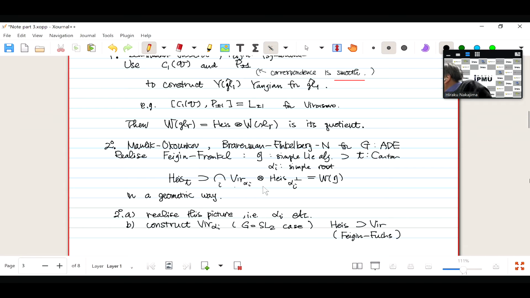And for the Heisenberg algebra in the sl2 case, we just need to realize the Feigin-Fuchs construction in geometry. This is possible, and I will not explain the second part. I will concentrate on the first part, how it is realized in a geometric way.